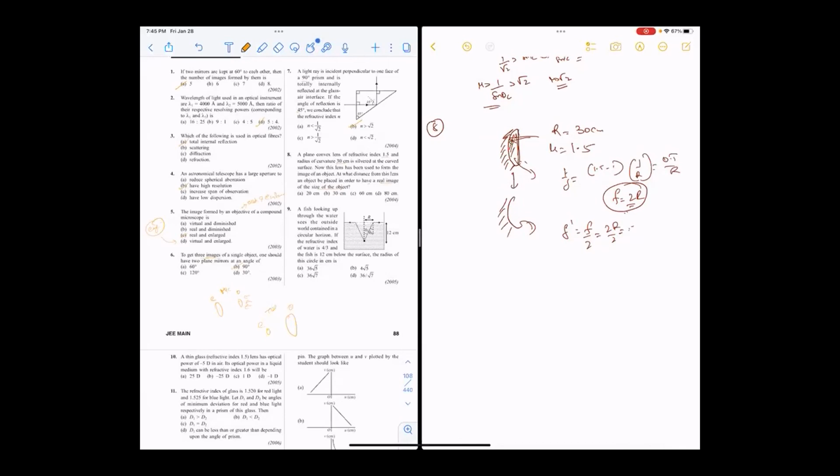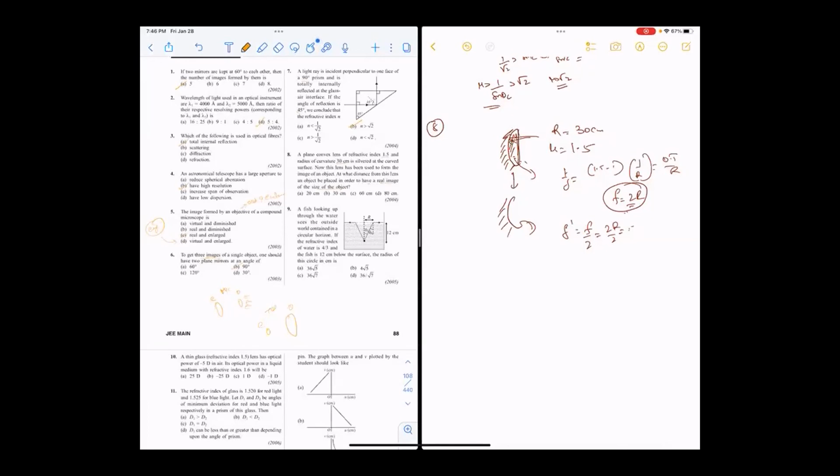Am I right, guys? What is the equivalent focal length of the first one? Mu2 by mu1, which is 1.5 by 1, minus 1, into 1 by r2 minus 1 by r1. One is infinity. R is how much? 30, or I'm just putting it as r. So 0.5 by r. So f is equal to r by 0.5. But it is converging, no? Am I making a mistake somewhere? It is 1.5 minus 1 only, no?